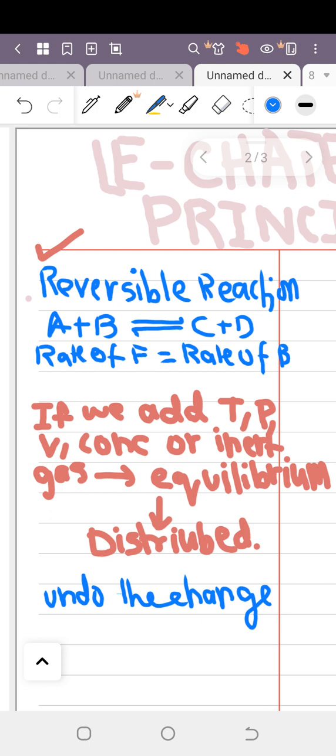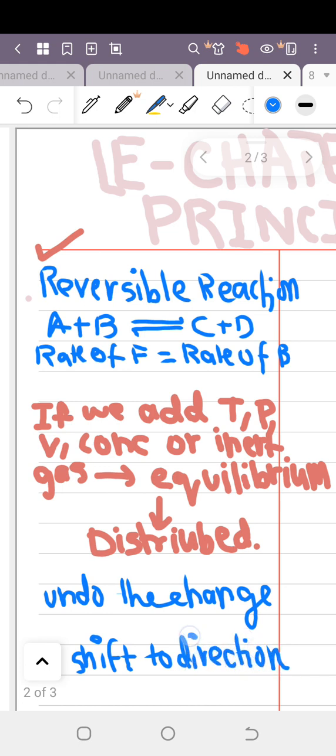So in such a way the equilibrium will shift in such a direction. इक्विलिब्रियम एक ऐसी पर्टिकुलर डायरेक्शन में शिफ्ट होगा जिसकी वजह से इक्विलिब्रियम दोबारा अचीव हो जाएगा, अनडू हो जाएगा. ठीक है, so it will shift in a direction. So now we will learn about the directions in this video. It shifts to the direction where the change is undone and equilibrium is achieved again.